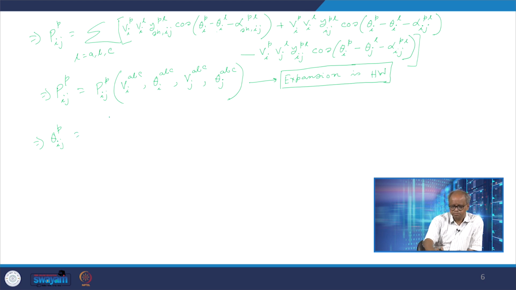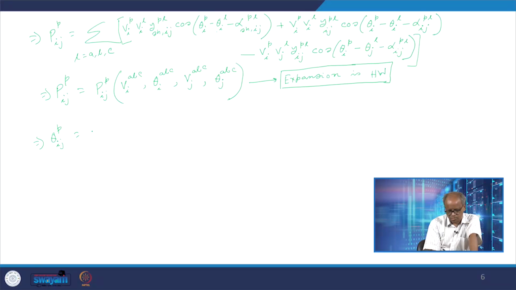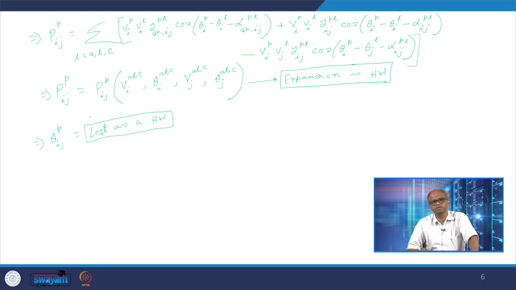This same expression, but all cosine would be replaced by sine. So, it can also be written as a function of V_iABC, theta_iABC, V_jABC, theta_jABC. So, this is also left as homework. Same thing, it is just simple algebra. I am sure you will enjoy it, it will be much fun.